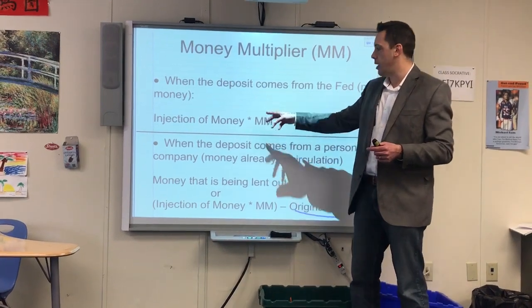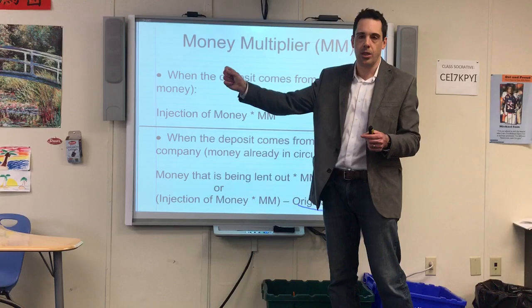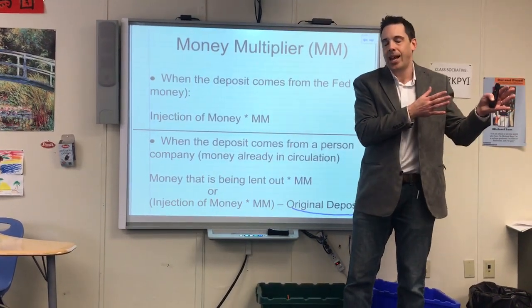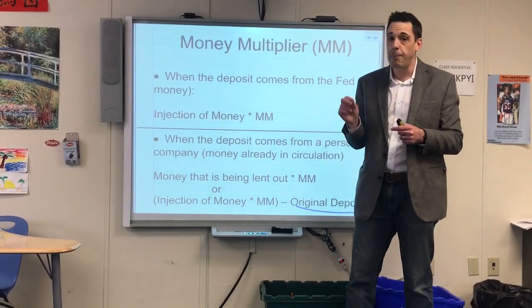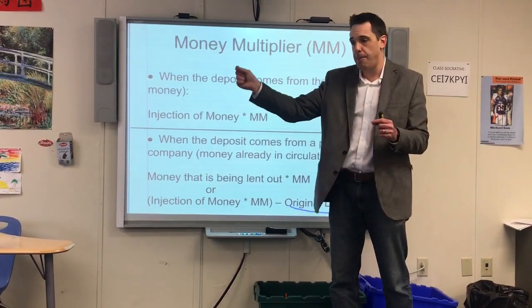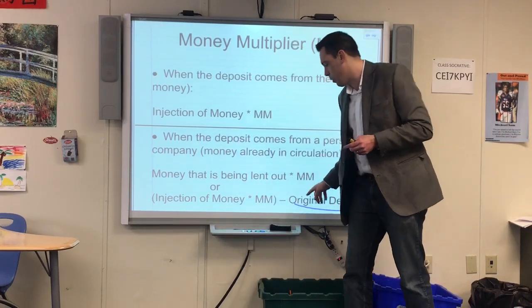The difference here is when the Fed injects money into the money supply, there's an immediate change to the money supply. This is new money coming in, or money being taken out of the economy. There's an immediate effect. When you deposit money in the bank, there's no immediate change. If it's in your pocket or in the bank, it's still in the economy. So you don't want to double count it. That's why you subtract it.